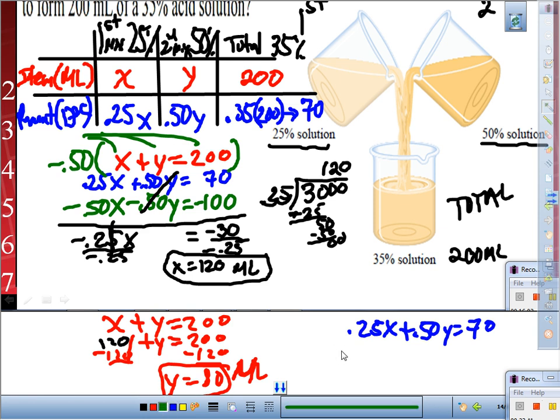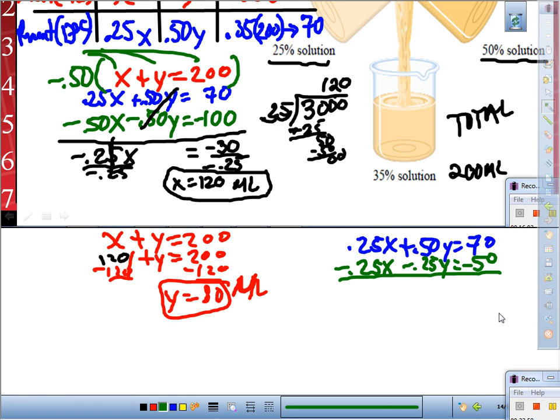So it's negative 0.25x, negative 0.25y equals negative 50. You saw the mistake right there? It was right here on the 50, right? Yeah, so be careful with those.